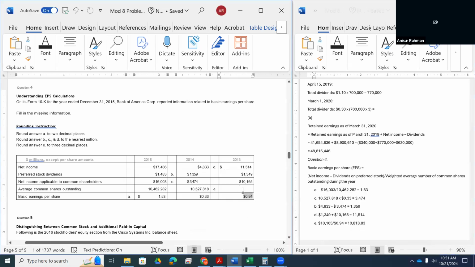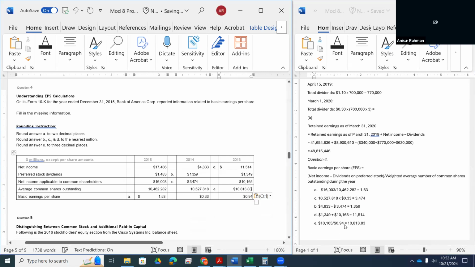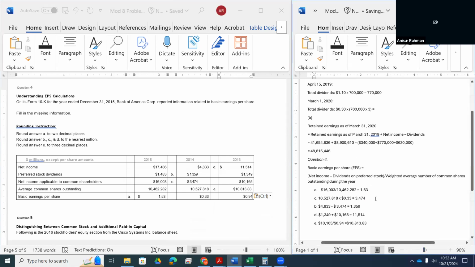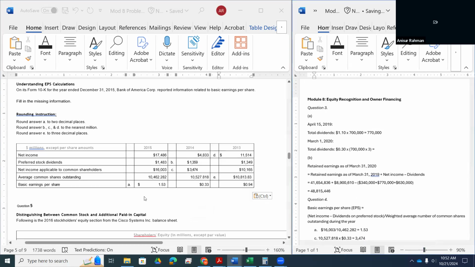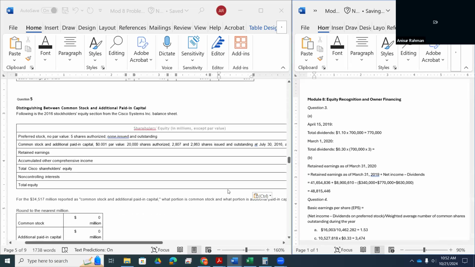I'll write down here. So this is our question 4. End of question 4. Let us move on to the next problem, which will be question 5.